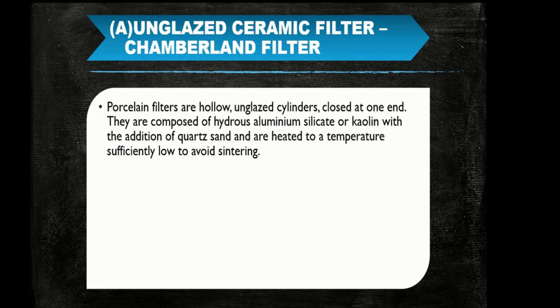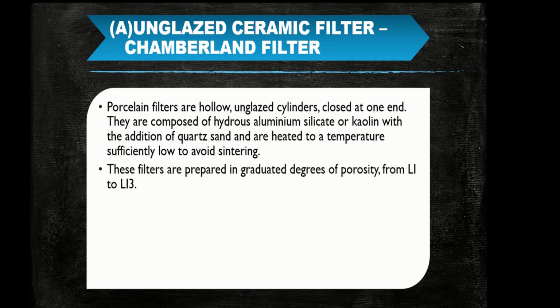In the Chamberlain filter, porcelain filters are used. These are hollow unglazed cylinders closed at one end. They are composed of hydrous aluminum silicate, also known as kaolin, with the addition of quartz sand, and are heated to a temperature sufficiently low to avoid sintering.